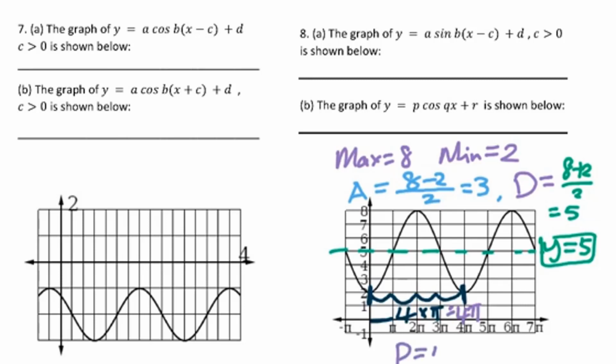P equals 4 pi. Or you can just check between these two. That shows you the horizontal distance is 4 pi. Then you get P equals 4 pi, and B equals 2 pi over 4 pi, that's 1 over 2. So we already figured out A, B, D.